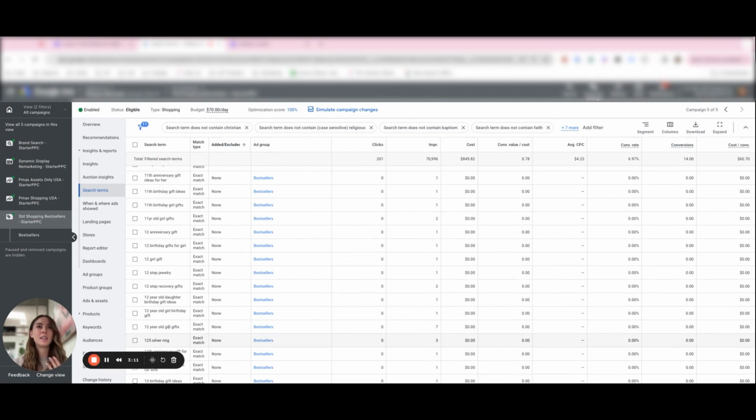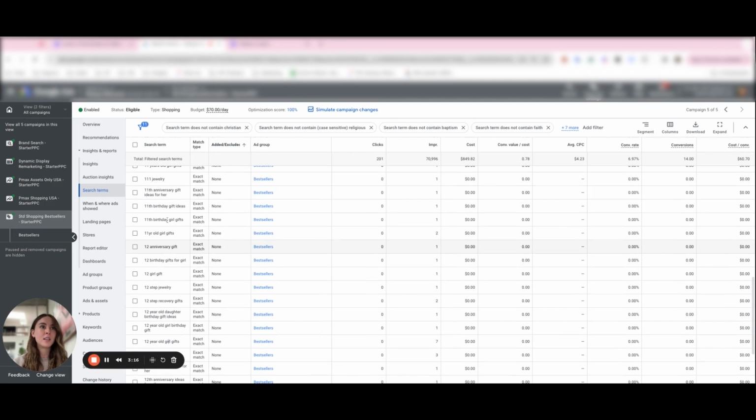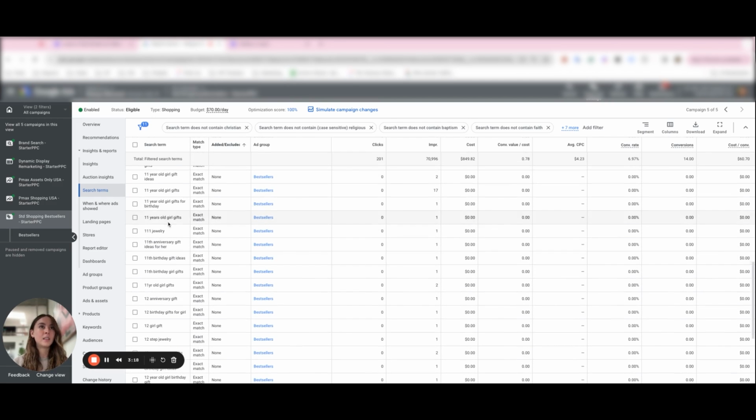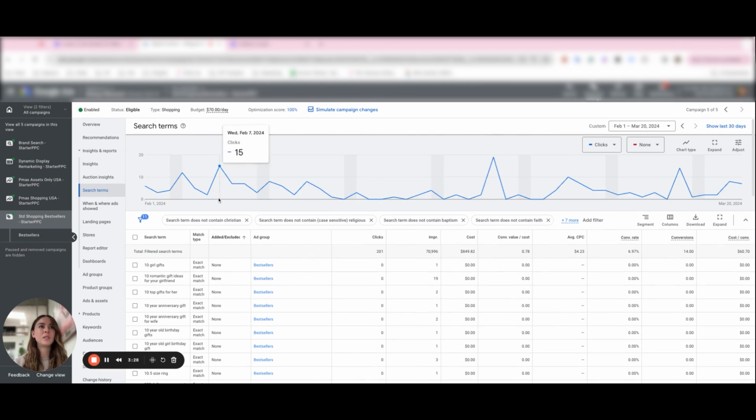I just thought that since it was so niche, I should clear out the search terms so we only targeted people who were looking for Christian jewelry. So I created all these filters here to only see the search terms that didn't contain the word Christian or religious or baptism or faith, and a bunch more here. First Communion, Catholic, God bless.